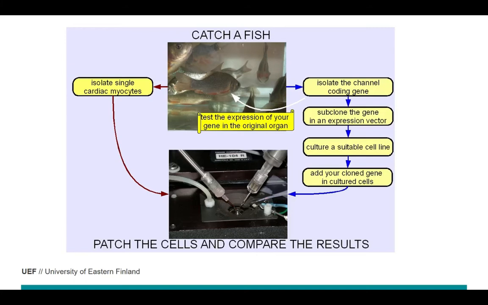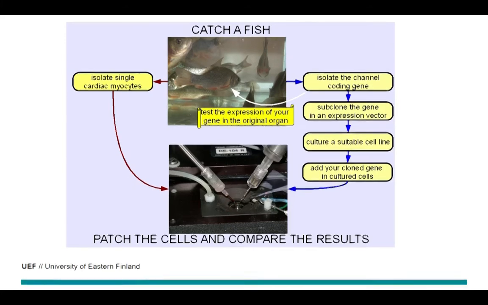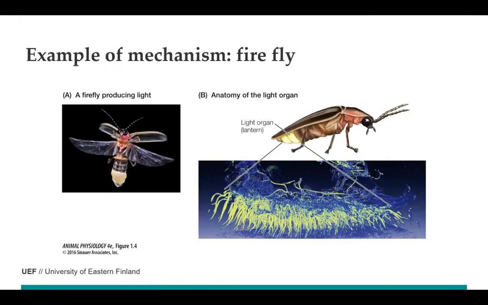I will continue on the cardiac tissue a little later in this course, but let's start with something more visual, like a firefly. The firefly produces light, and on the back side of the animal there is a light organ that produces this light.